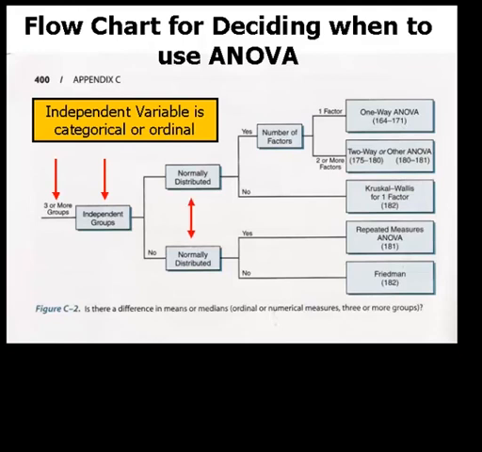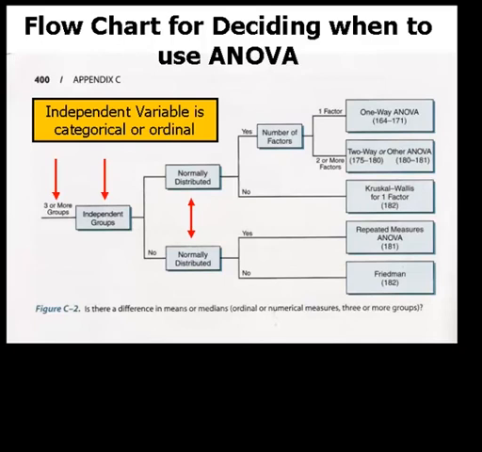The next question that you have to ask is, are the data normally distributed? If the answer is yes, then you can continue on using the analysis of variance. If not, then there are some non-parametric techniques, similar to chi-square, that allow you to look at whether the groups are different. So in this particular case, you have 3 groups or more that are independent.